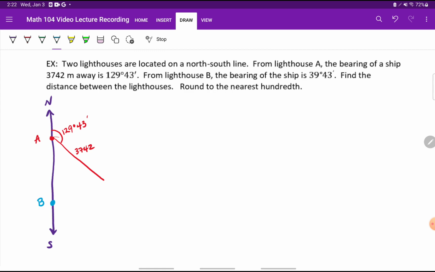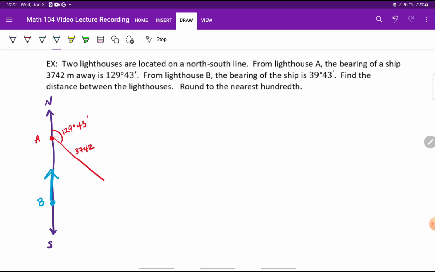Then from Lighthouse B, the bearing of the ship is 39 degrees 43 minutes. Now, bearing is bearing, regardless of these two lighthouses being on a north-south line. If you're given a single number bearing, you're starting with a due north line and then rotating that many degrees. So don't start with south and then try to rotate.